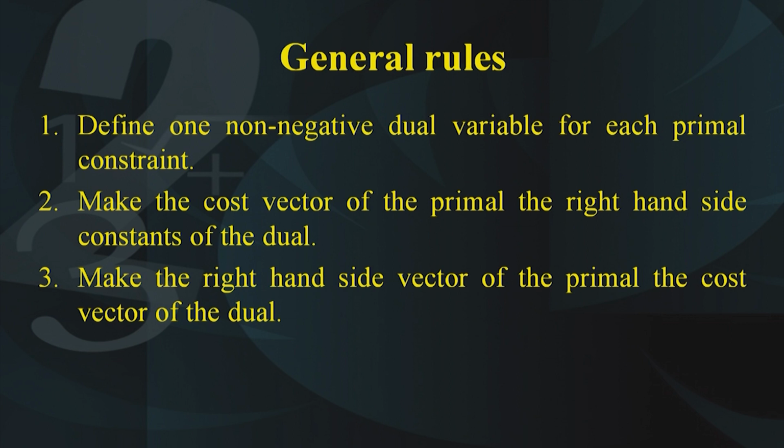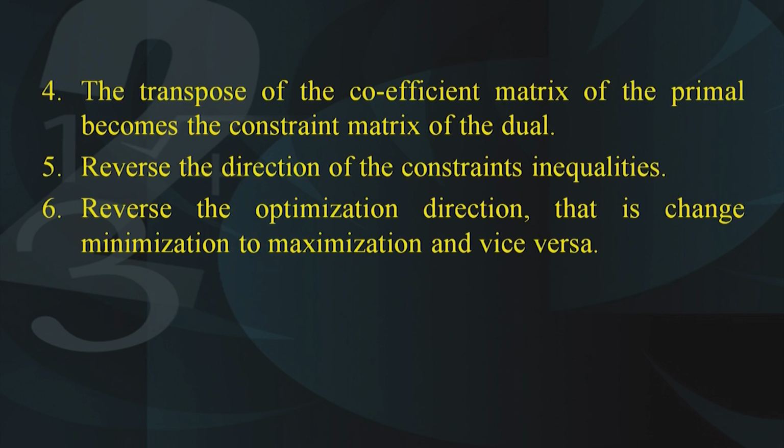The third rule is make the right hand side vector of the primal as the cost vector of the dual. Similarly, the fourth rule is that the transpose of the coefficient matrix of the primal becomes the constraint matrix of the dual.